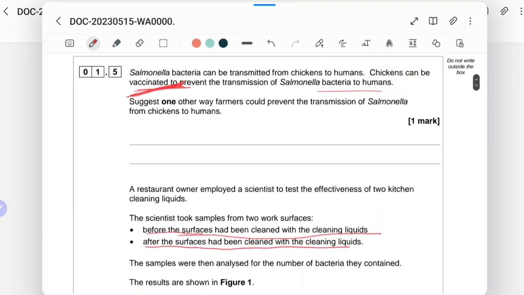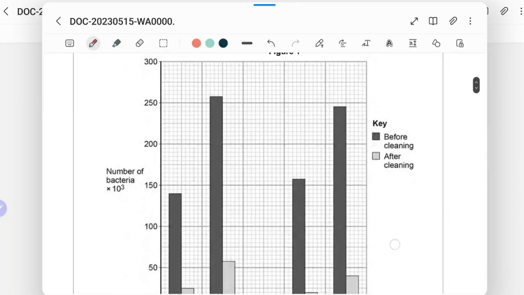Next question. A restaurant owner employed a scientist to test the effectiveness of 2 kitchen cleaning liquids. The scientist took samples from the surfaces before the cleaning, that's here, then after the cleaning. So this was the result he obtained.